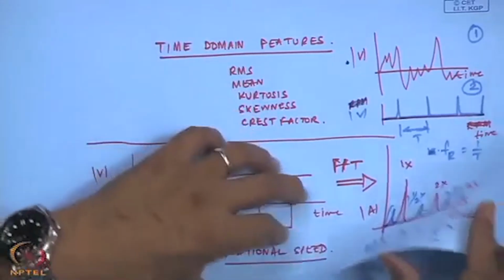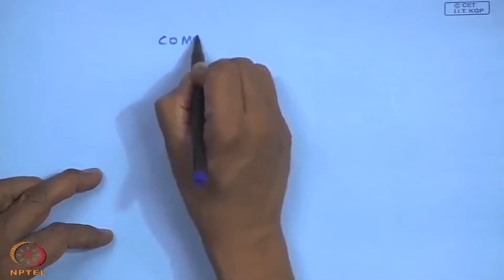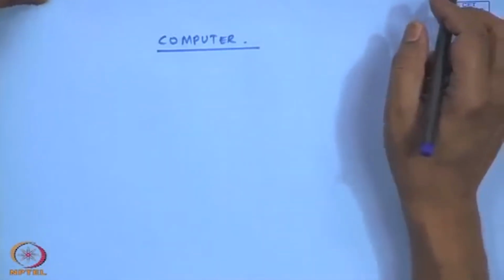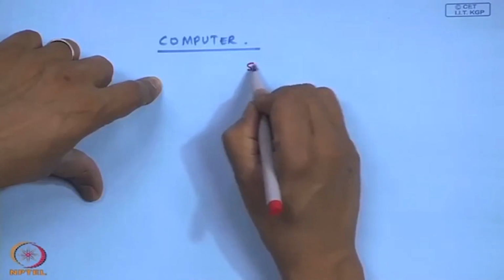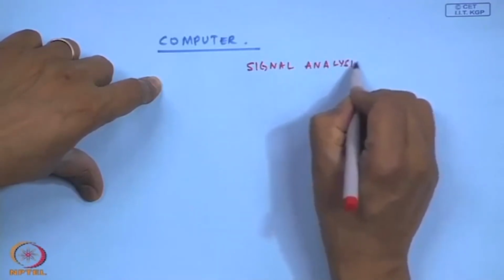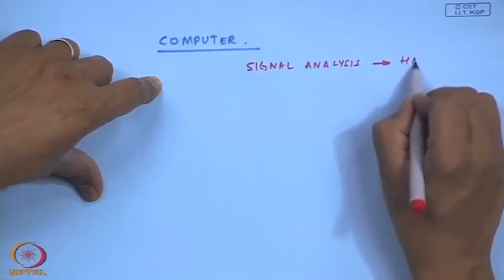Because at the end of the day this FFT analysis is being done by a computer, and this computer does not know whether your machine has a looseness or not. It is the signal which tells the computer, once we analyze, we interpret that there is a looseness. So, this interpretation is only by a mathematical process. It is the signal analysis which gives us harmonics and subharmonics.